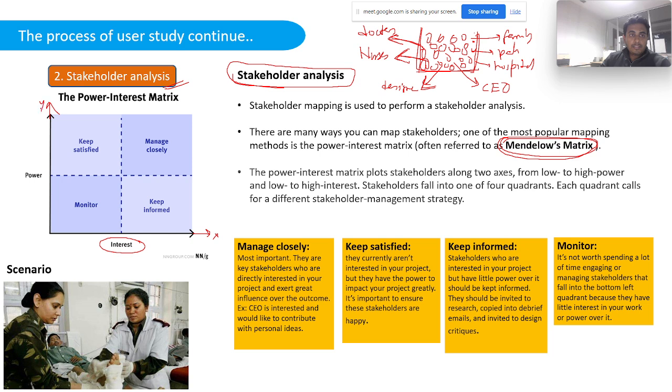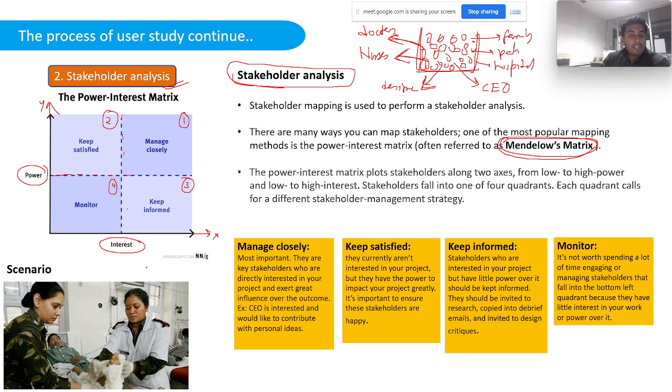The other axis, the y-axis, describes the power of these stakeholders. So this entire space can be divided into four quadrants. So you can say this is 1, this is 2, this is 3, and this is 4. I'm just numbering them in some order, but the order doesn't actually matter.